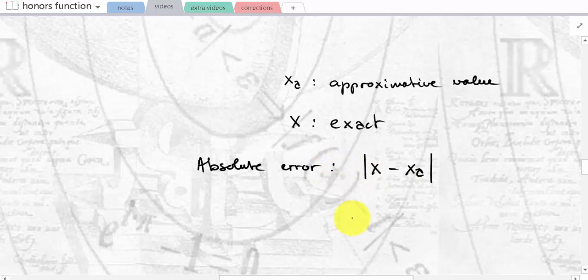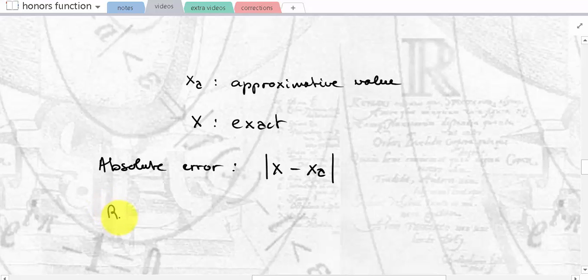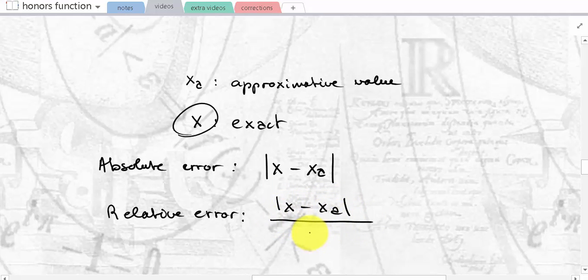So this is like the total change. This is exactly like the total change, right? The relative error, relative to what? Relative to the exact value, right? So you take the absolute error, X minus XA, and you divide it by the exact value X, and that's going to give you the relative error.